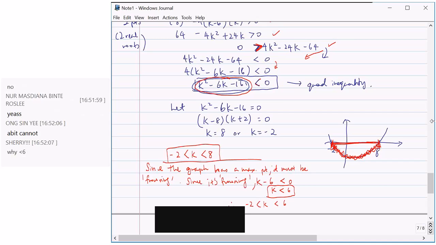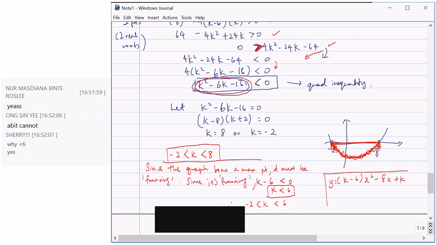Okay, you look at the original equation right here. The original equation is y equals k minus 6 x squared minus 8x plus k. Can you see my handwriting? Now this quadratic graph can be smiling or frowning, and it all depends on the a. If a is bigger than 0, we have a smiling curve. If a is less than 0, we have a frowning curve.